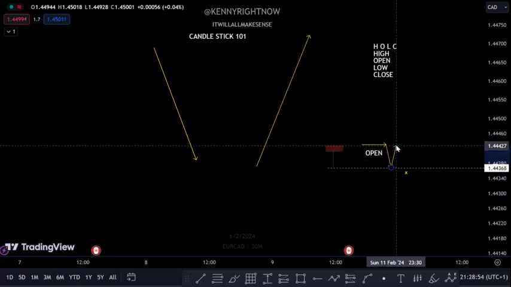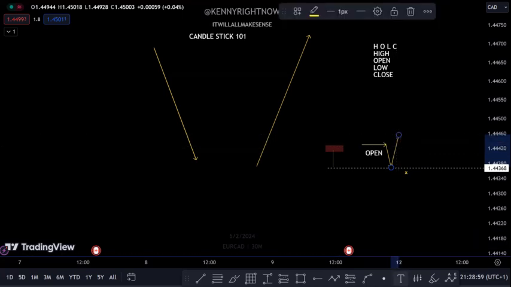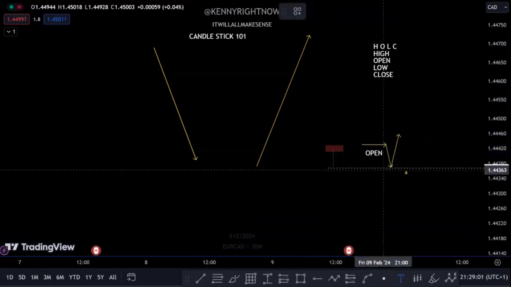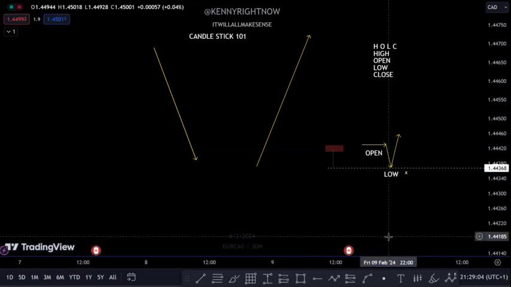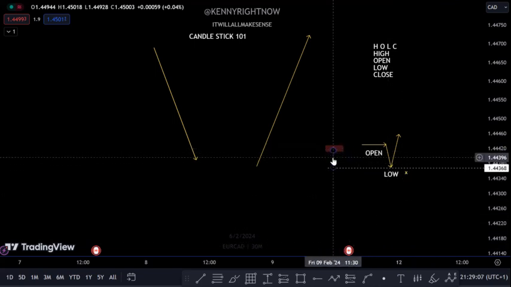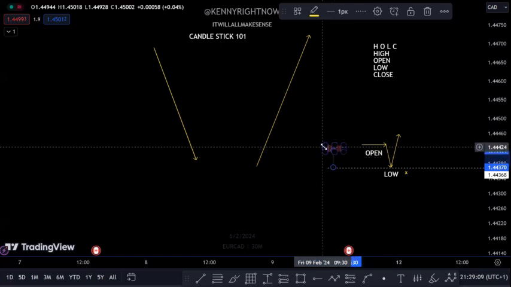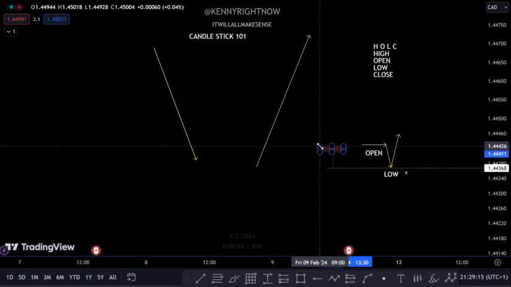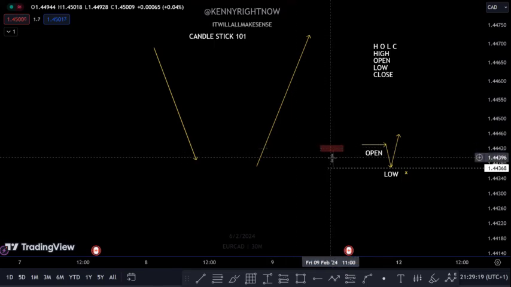Now, if price starts pulling back above the open, we're going to name this area the low. So remember, this is the candle representation, and the other part is the structural representation of the candle. So what the structure will print is what the candle will show.